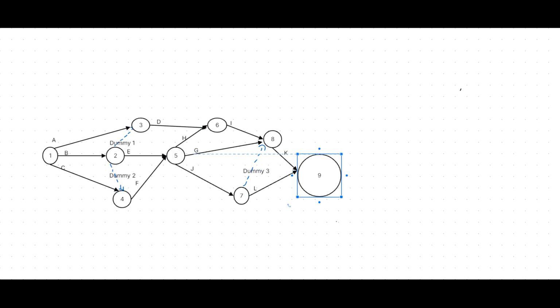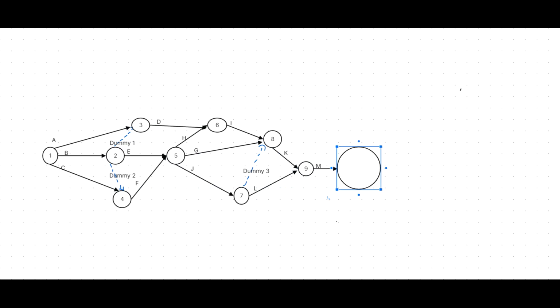Then we can start activity M. We can start M after completing K and L. Just name it M. The entire project we can complete after the 10th event. The entire project we are going to complete after the 10th event.